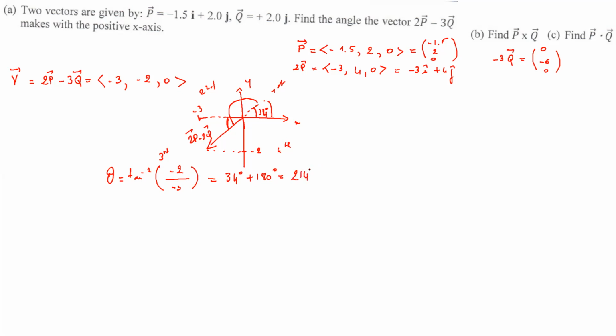On the other hand, I could have said this is 34 degrees, but I will subtract 180 degrees. So if I have 34 degrees minus 180 degrees, this will give me this angle here. Let me put it in a different color.